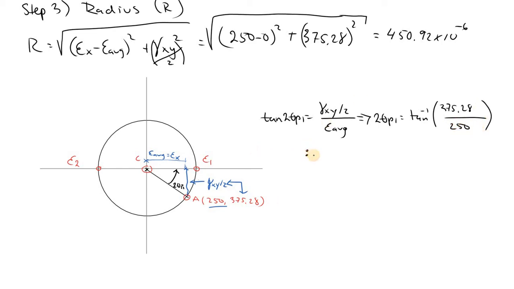So 2 theta P1 is 56.3297 degrees, which is approximately 28.2 degrees in the element. So we just divide that by 2.